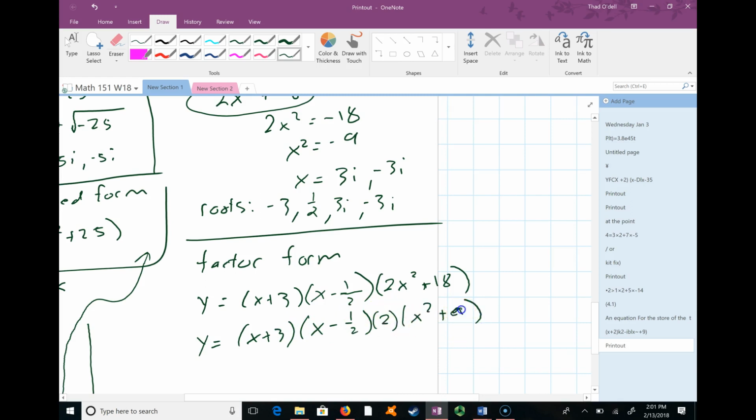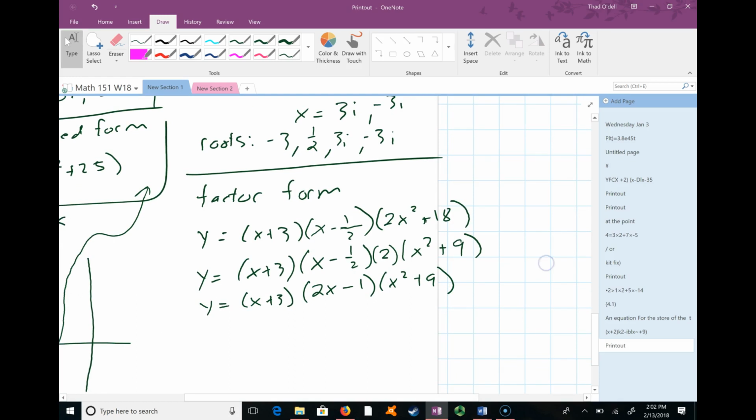You can't really say something's factored if there's still a greatest common factor. So we distribute that 2 through here, and our end result is x plus 3 times 2x minus 1 times x squared plus 9. That would be the true factored form.